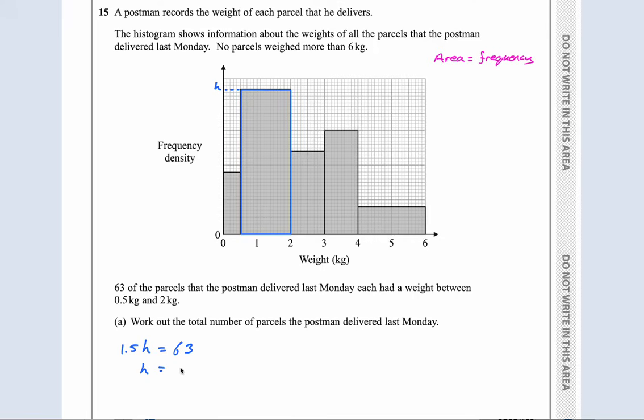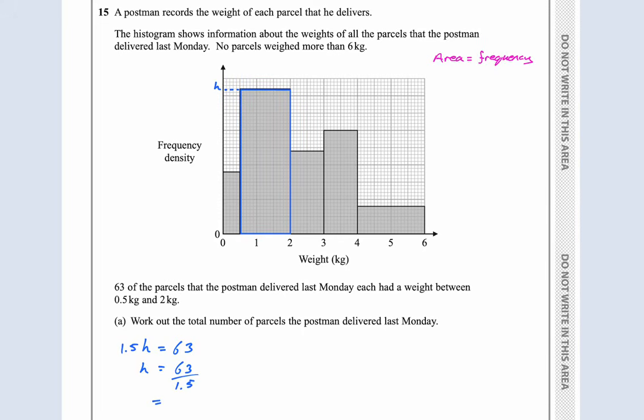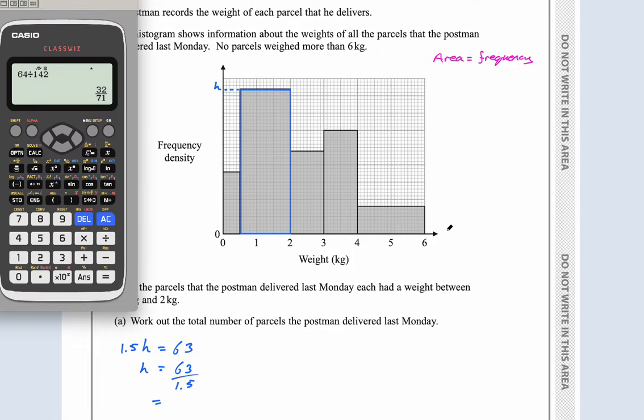So h is 63 divided by 1.5, which is, hang on guys, 63 divided by 1.5 is 42.